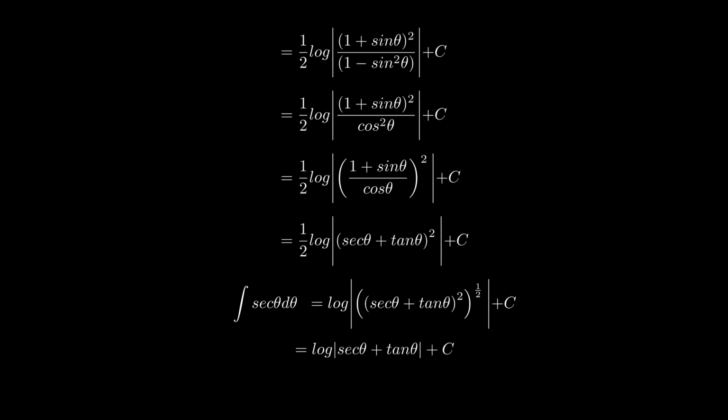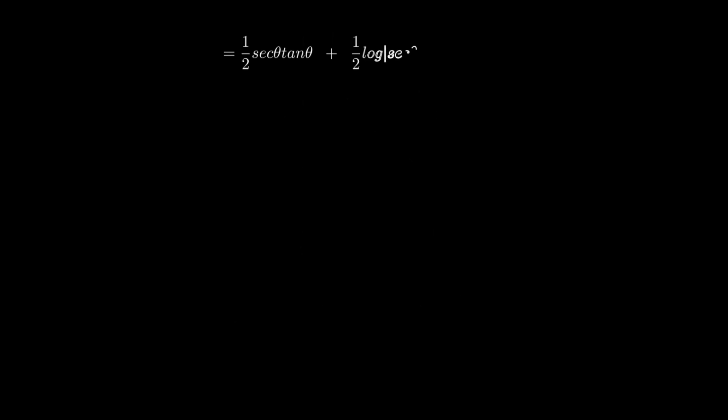Because that's where the result is defined. So sec cube theta when integrated is half of sec theta tan theta plus half of the integral of sec theta, which, as shown in the derivation above, is half of logarithm absolute sec theta plus tan theta.